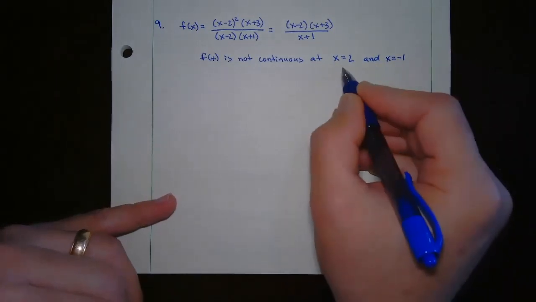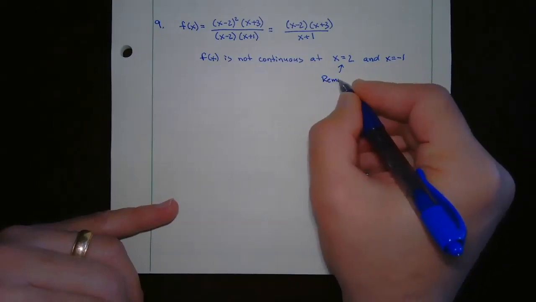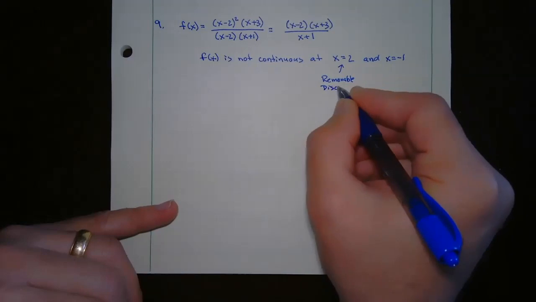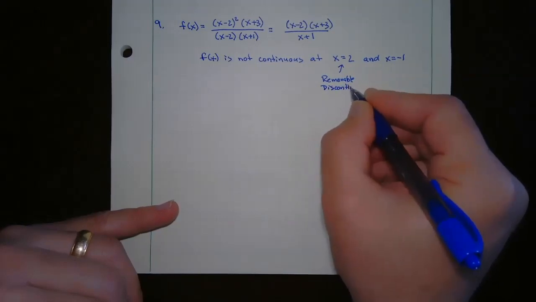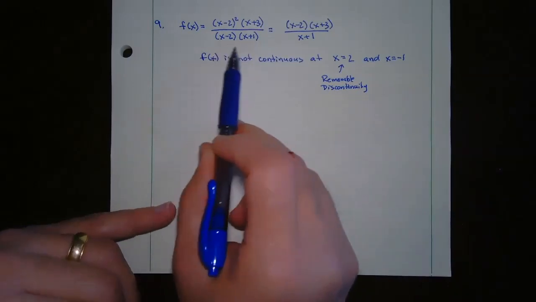Now, what's happening at 2 is a removable discontinuity, because f of 2 doesn't exist.